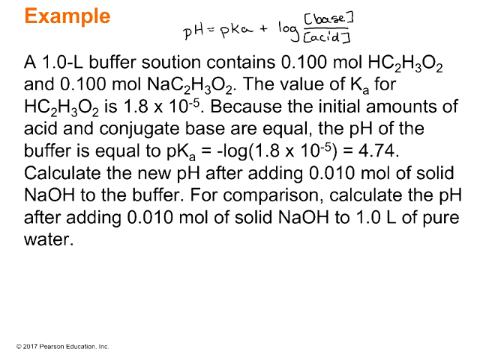We're going to calculate the pH after we add some sodium hydroxide to the buffer, and then we're going to compare that to the pH of sodium hydroxide in pure water. So this will demonstrate how a buffer can maintain a particular pH value or an approximate pH value.